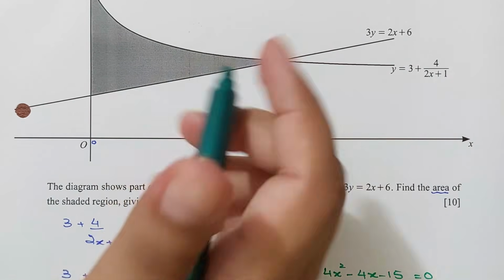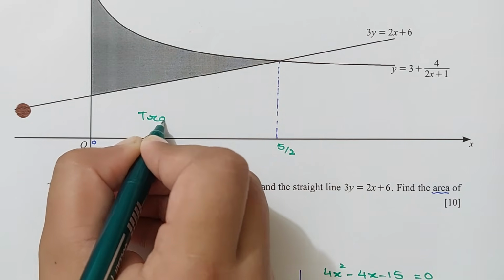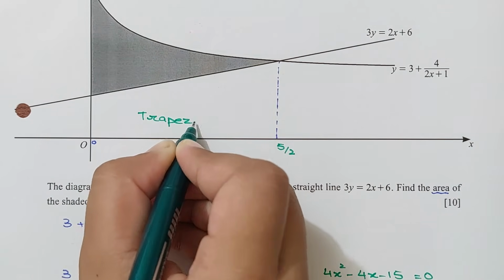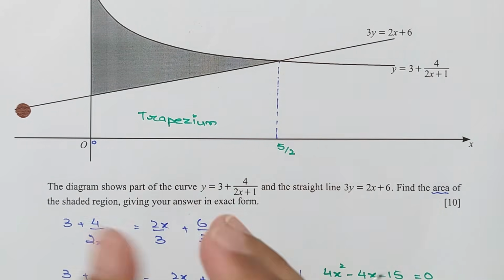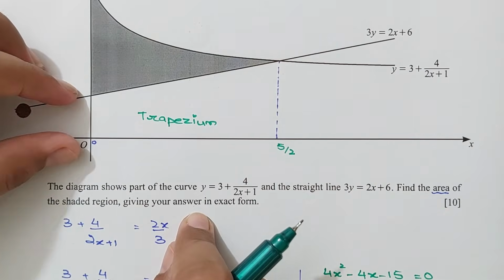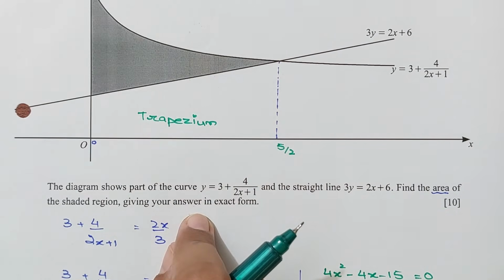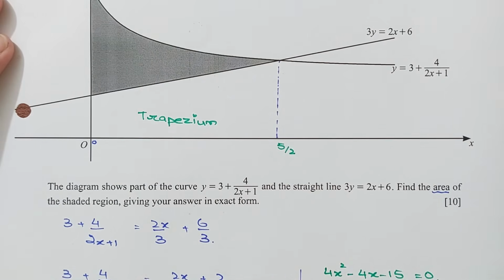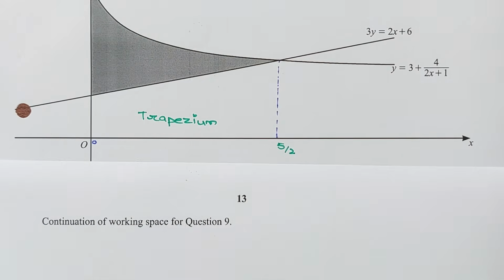So we have to subtract the area of a trapezium, which is half the sum of parallel sides, this side and this side, multiplied by the height, right? So let me solve for the area under the curve first.